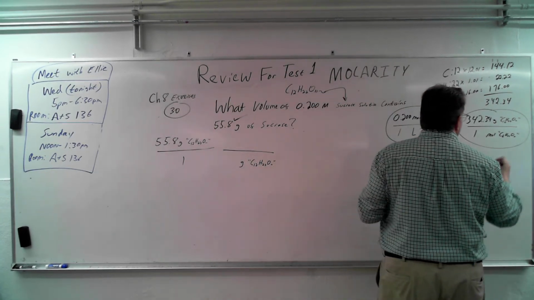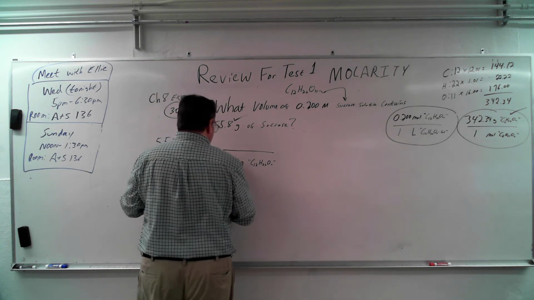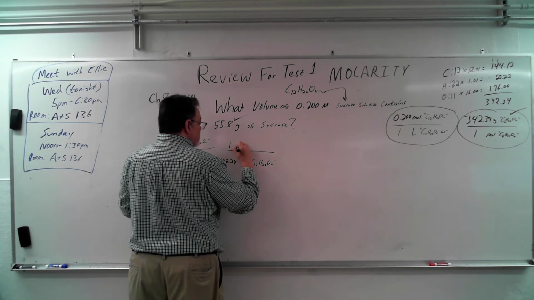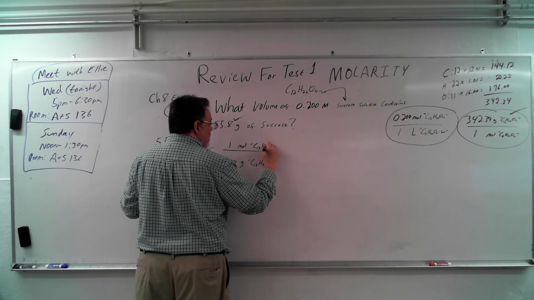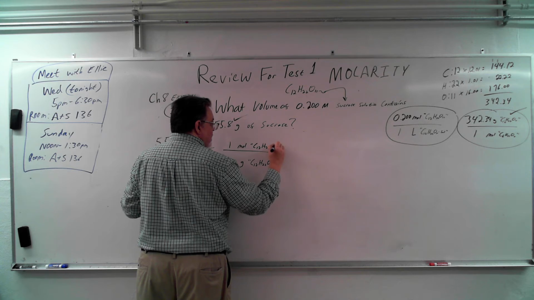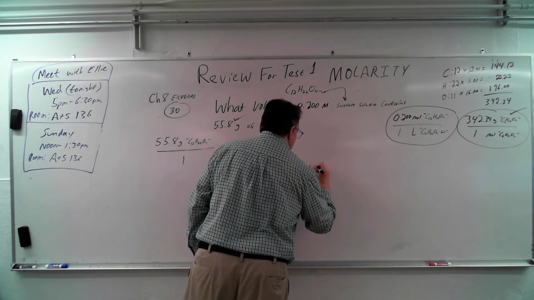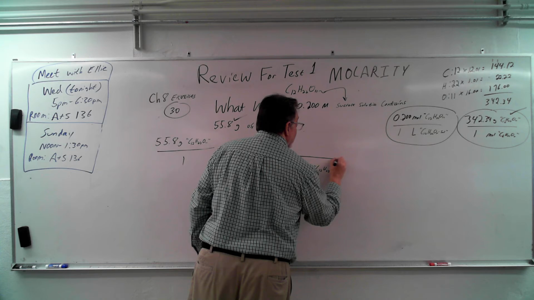The only place you're going to see grams is here. 342.34 grams is 1 mole of C12H22O11. We're going to need moles of C12H22O11 on the bottom.